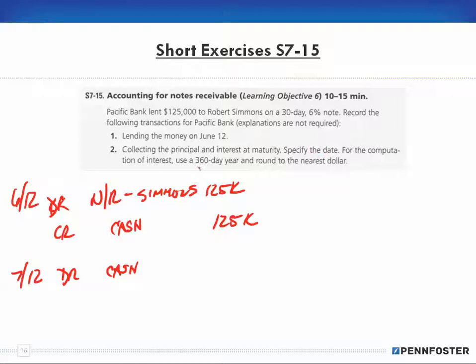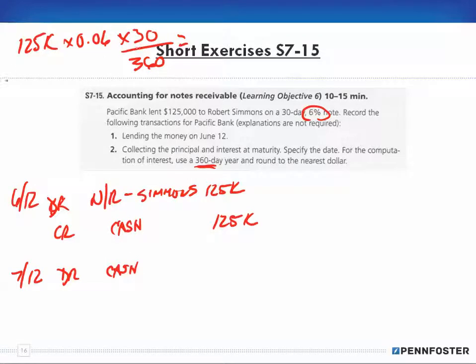For the computation of interest, use a 360-day year. So if I'm borrowing 125,000 at 6%, times 0.06, for 30 days, and we're using 360-day ordinary interest, right? 360. We just got done doing this in problem 7-14; actually, in 14 we did four of them.